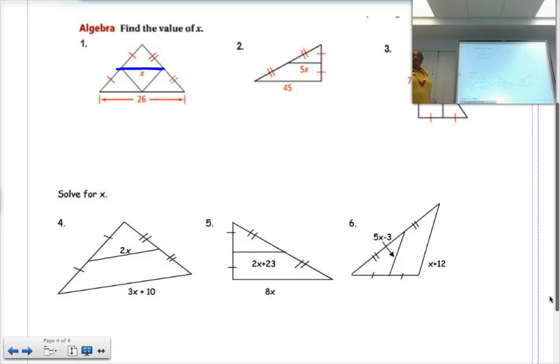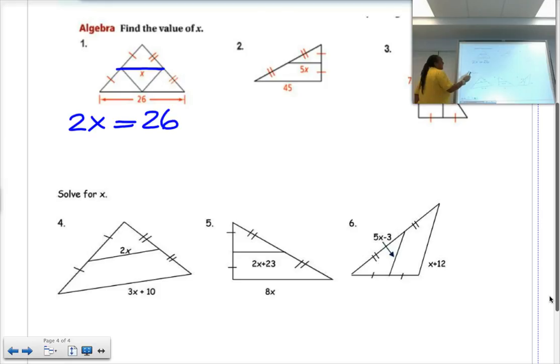The only time this relationship exists is if this is a midpoint of this side, and here's the midpoint of the other side, so you know that you have a midsegment. So we're going to say 2 times my midsegment is equal to the side that it's parallel to. Make sense?